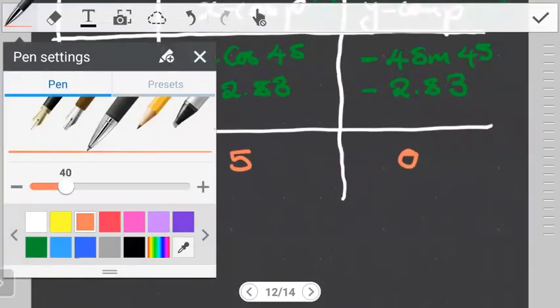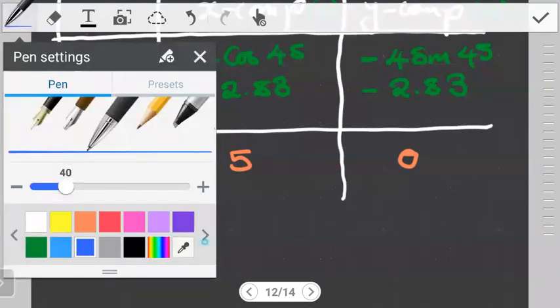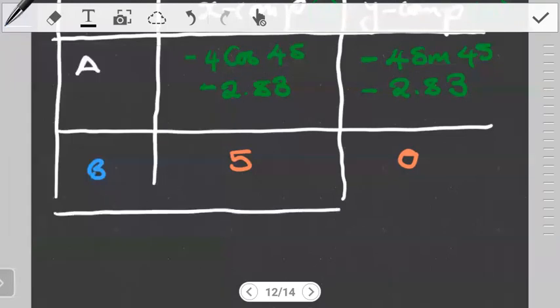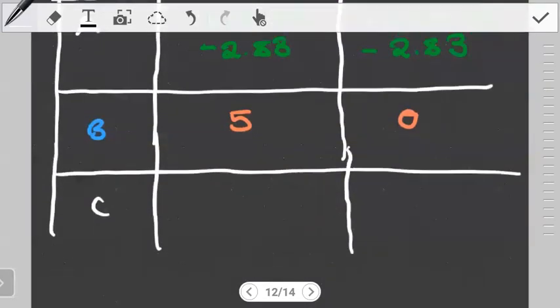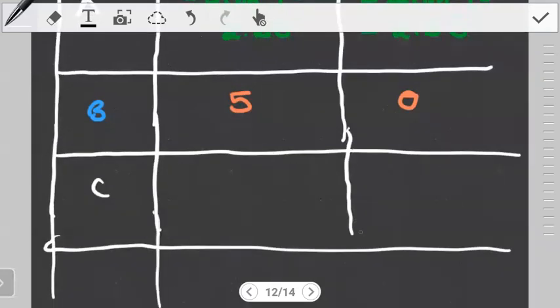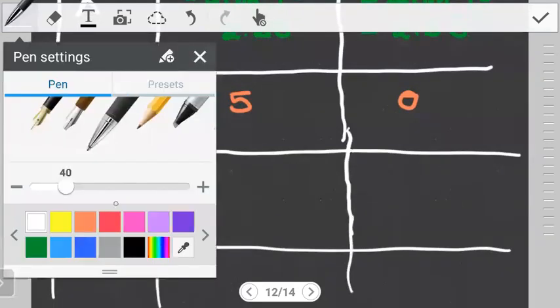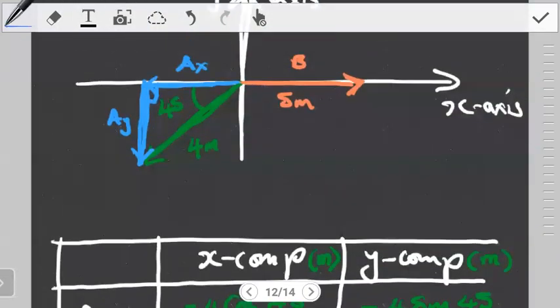The last one is for us now to get the vector, the components of the vector C. So again, for the vector C, we want to get the x and the y component of that vector. Okay, so how do we do that? Well, the first thing that we have to do is go back to the question, understand where this vector is.